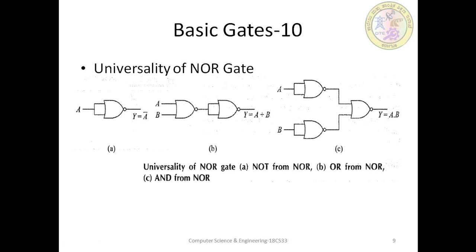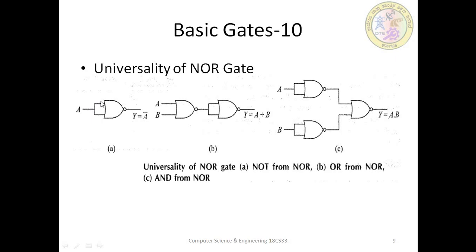And here you can see the universality of the NOR gate. This is the NOT gate. We just tie both the inputs of a NOR gate together, so whatever input we give goes to both.